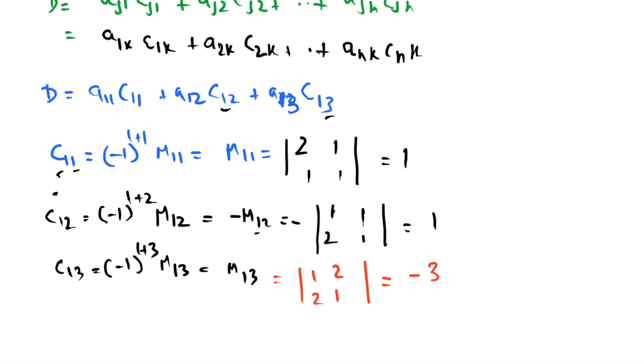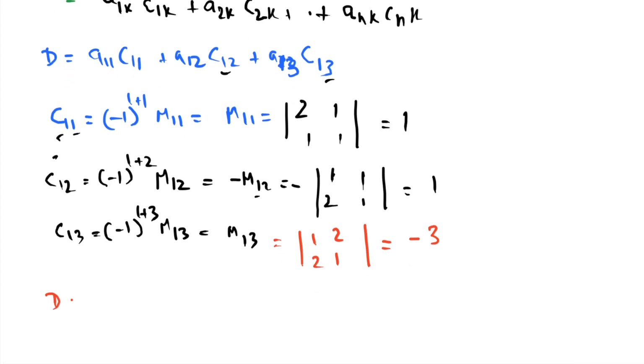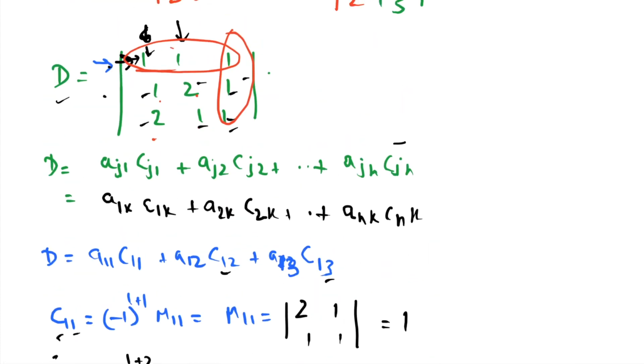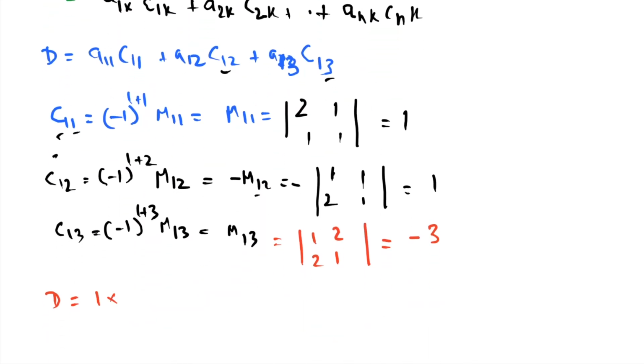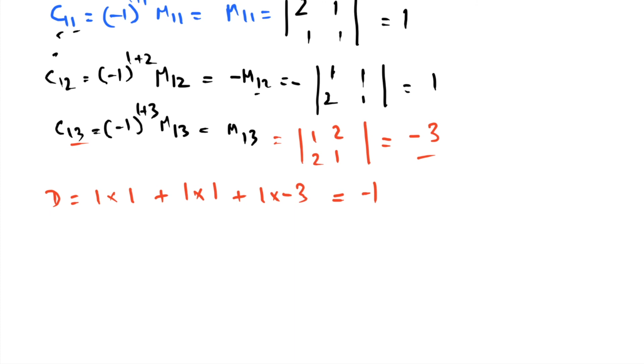So now let's calculate what D is. D is equal to a11, which is 1, times C11, that is 1, and again a12, that is 1, times C12, which is again 1, plus a13, which is again 1, times C13, which is minus 3. And this becomes minus 1. Now you can use the same logic to compute D1, D2 and D3.